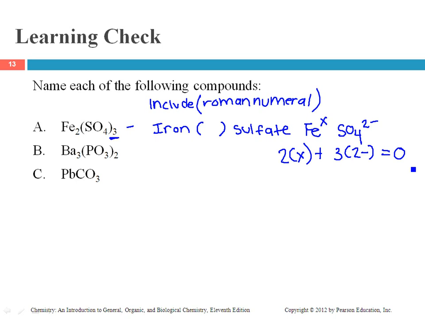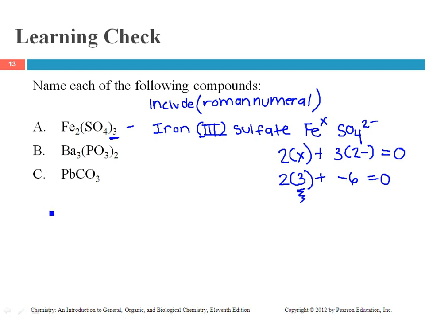So it looks to me that the only way that we can cancel is we have a -6 here, so we're going to have 2 times 3 to give us a +6. So our Roman numeral has to be 3. Sorry, that 3 doesn't look too good, but that's the Roman numeral 3.